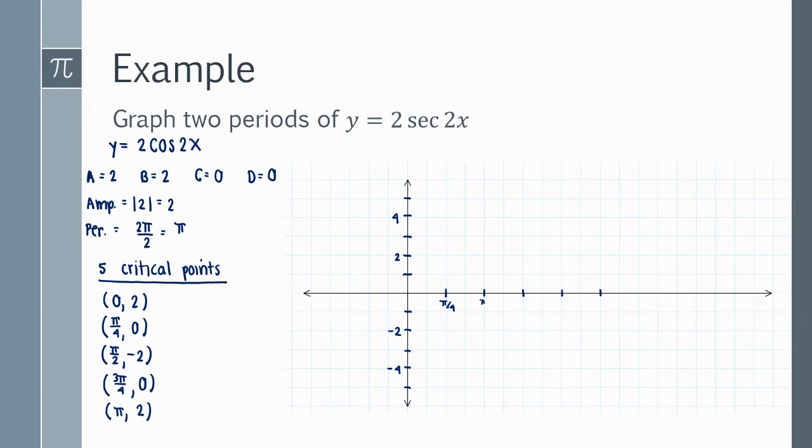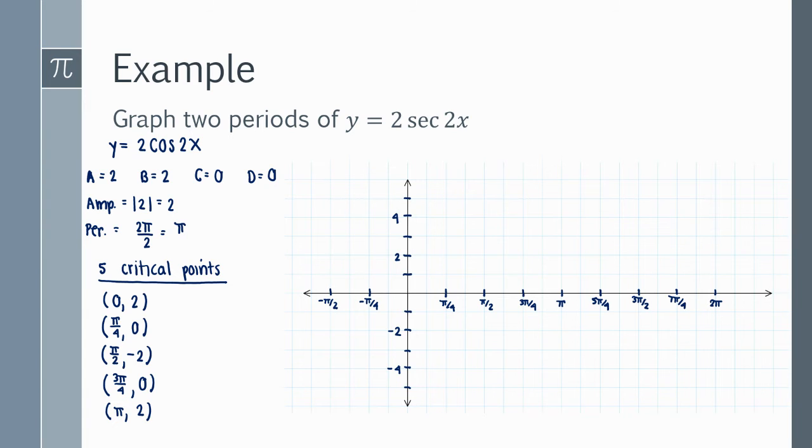This is 2 pi over 4, 3 pi over 4, 4 pi over 4. That's 1 period. But then I want to do a second period. So then we're going to have 5 pi over 4, 6 pi over 4, 7 pi over 4, 8 pi over 4. Okay, and it could be the same thing if we go negative.